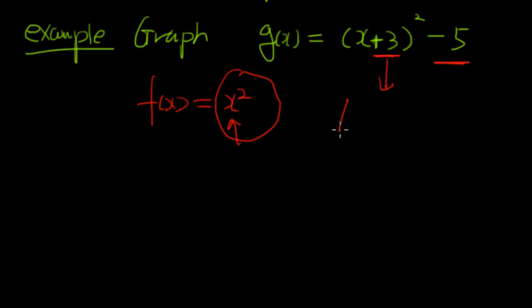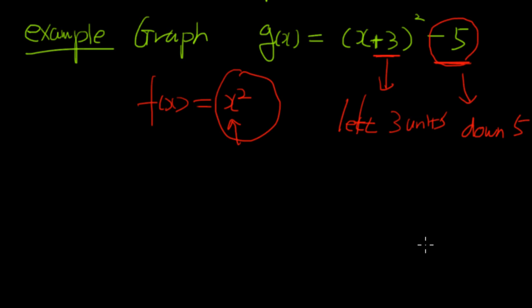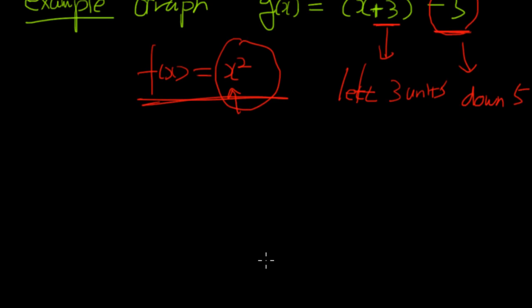To the left 3 units. What about this minus 5? Up or down? This would be down what? Down 5, right? From where? From this original f of x. So let's see.